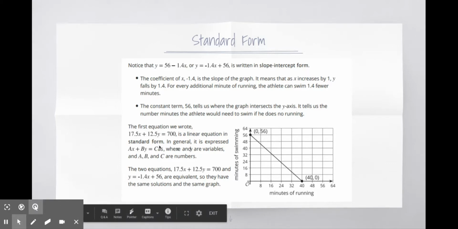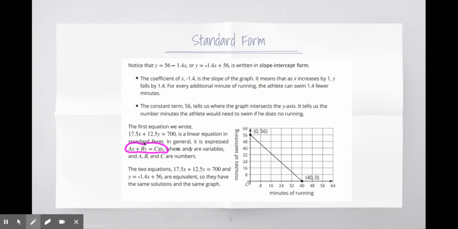And then finally, you can see these equations written as how you will generally see standard form, ax plus by equals c, where a and b are numbers, c is a number, and then you have those two unknown variables, x and y. And like we were saying on the previous slide, if I made a graph, they would have the same solutions and the same graph.